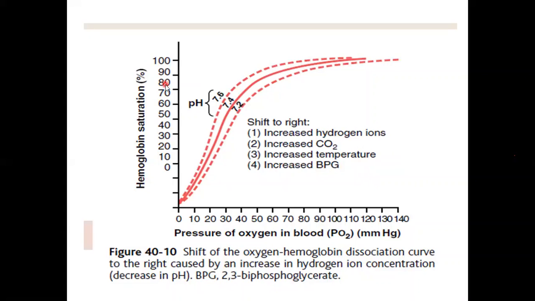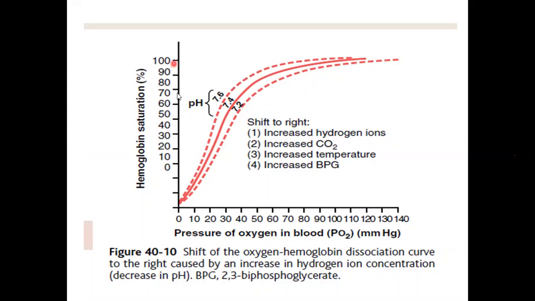So here in the y-axis, we represent the hemoglobin saturation. Saturation means how much percentage of hemoglobin combined with oxygen. Here the percentage of hemoglobin starting from 0 to 100.